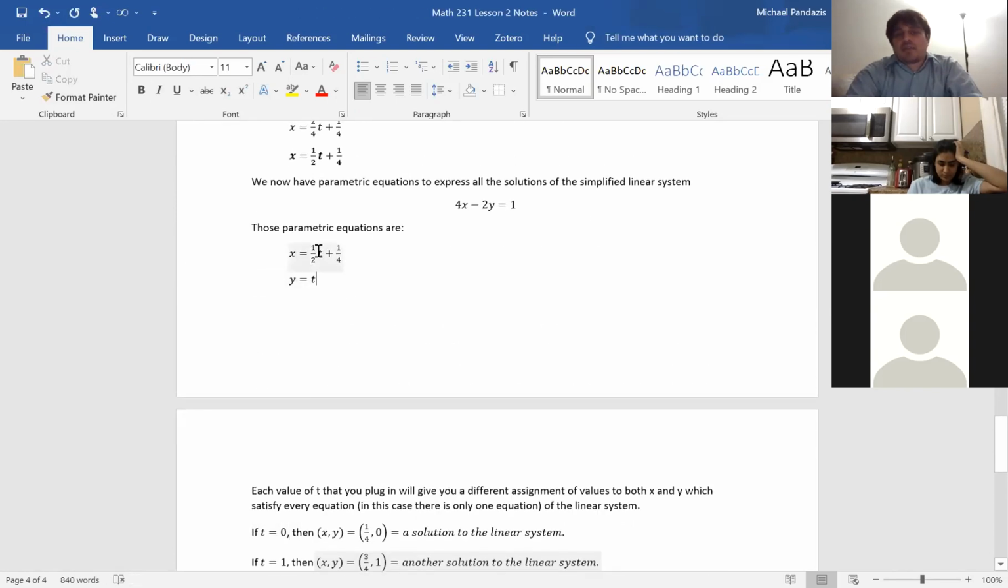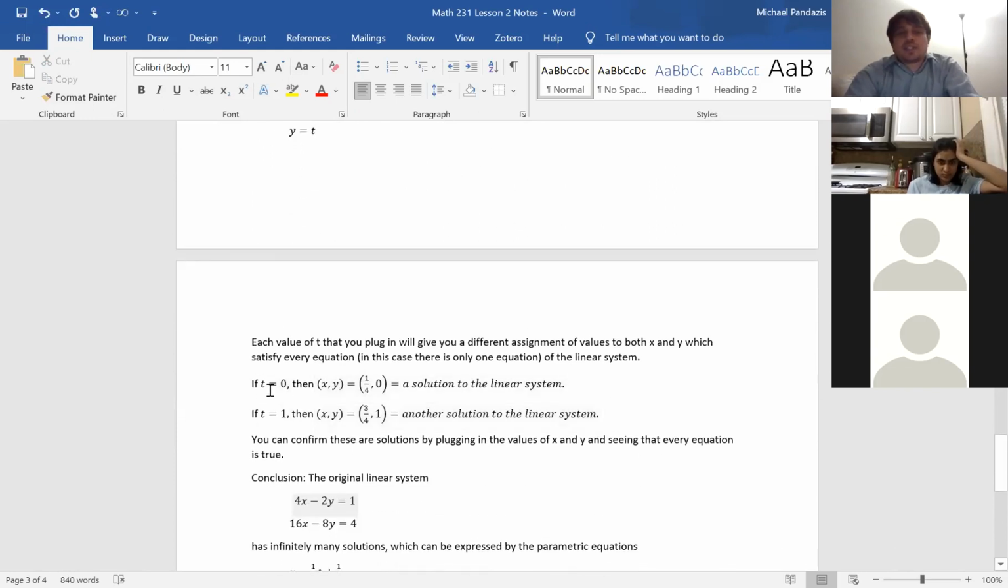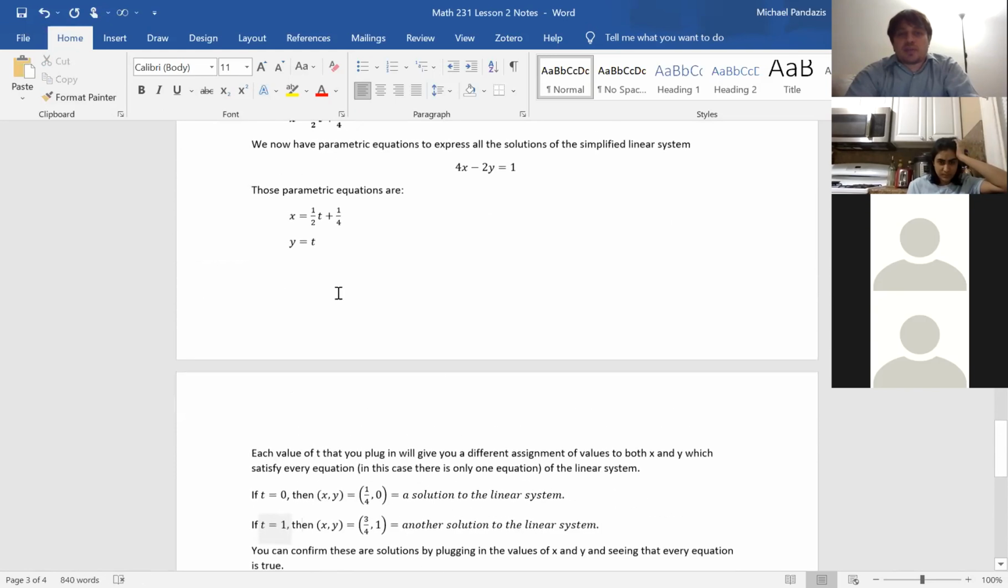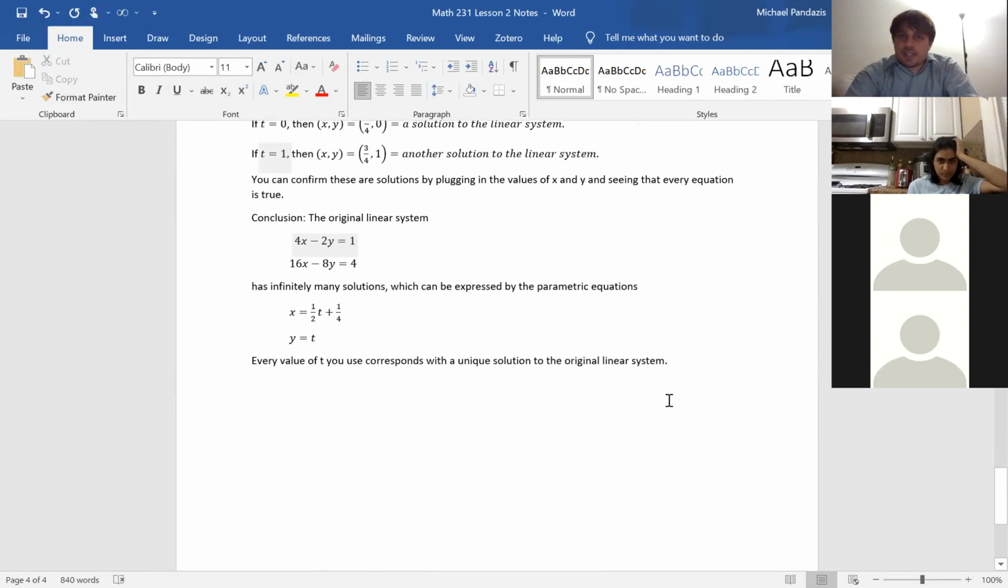You plug in t equals 0, you get x equals 1/4 and y equals 0. If you plug in t equals 5,000, you get x equals 2,500 plus 1/4, which is 2,500.25, and then y equals 5,000. So there's nothing special about t equals 0 and t equals 1 in this example. You could have chosen any t. Okay, thank you. You're welcome.